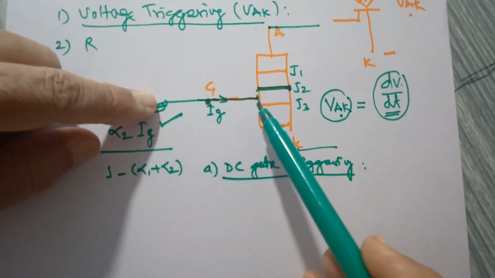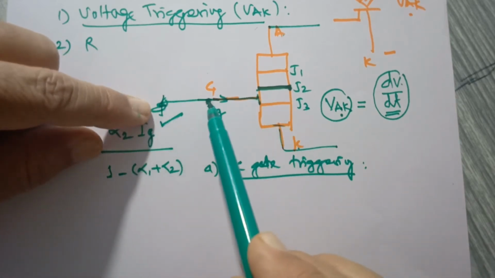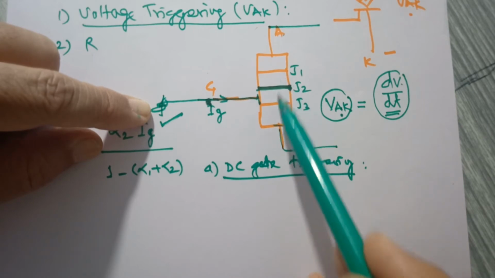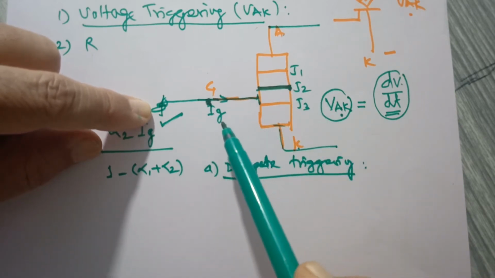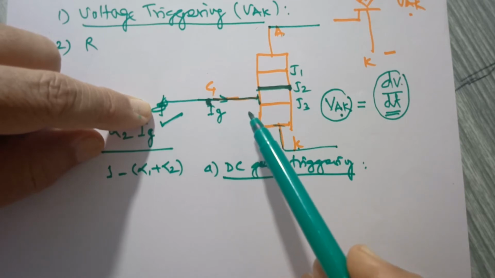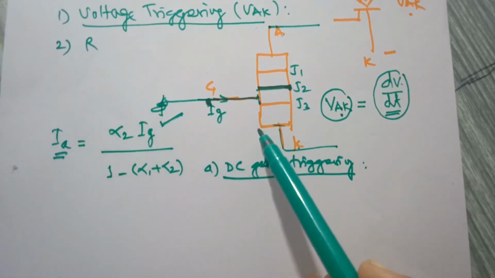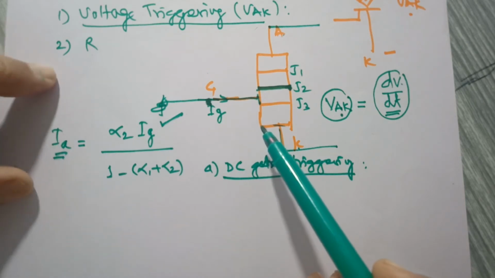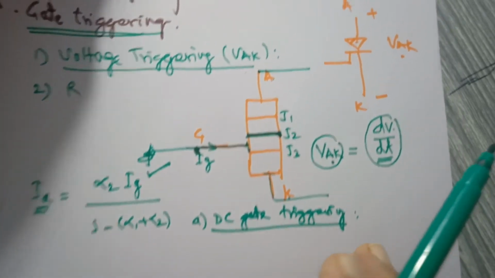So isolation is not possible, and as the DC source is continuous, even when the SCR is turned on and turned off, gate current will always flow, and because of that, gate losses increase. So these are the two main disadvantages with DC gate triggering. Then what is the solution to this?